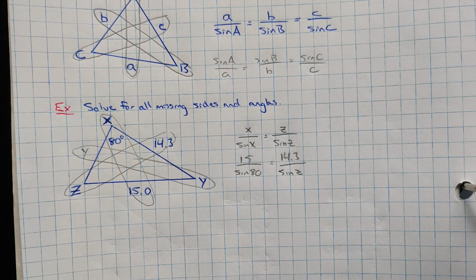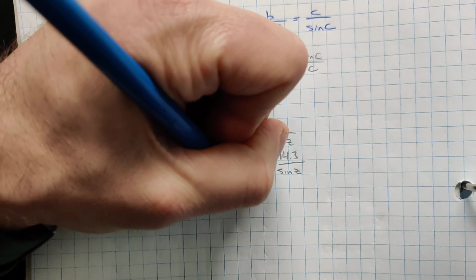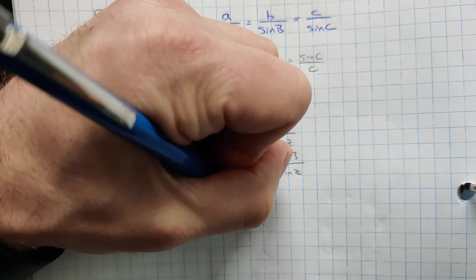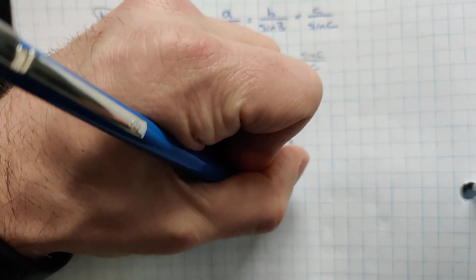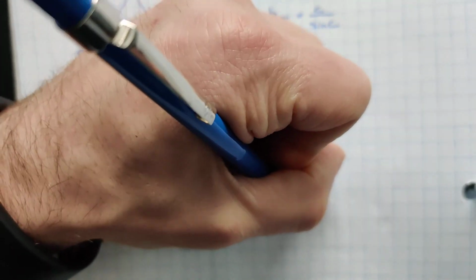Let's work this out. We'll do our sines first. So the sine of 80, I'm going to use my handy table here and look up sine of 80. And so I'm going to get 15 over 0.9848 equals 14.3 over sine Z.